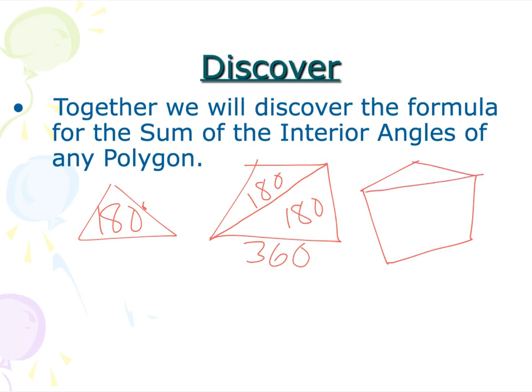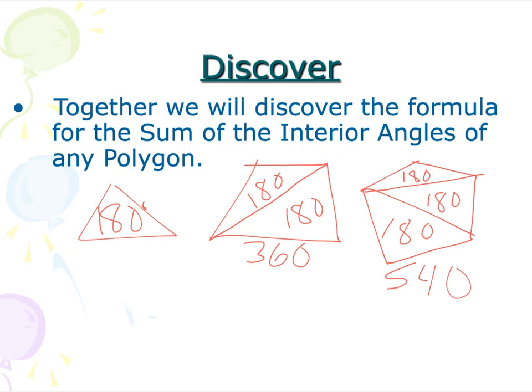Well, I would have 1, 2. Oh, hold up. I can only draw 2 diagonals, right? 180, 180, 180. So we got 3 triangles in there, right? Because I can't draw any other diagonals unless they overlap. So, boom, 540. And we can do this all day, but that'd be kind of a pain to just keep on dividing these up, draw pictures and whatnot.